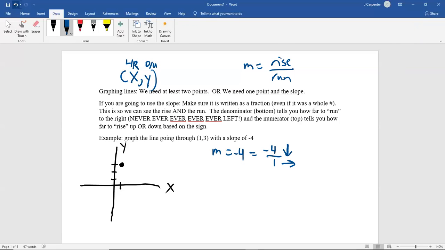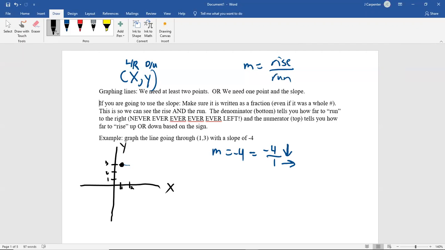So we got to go right 1, so from an x value of 1 to 2. So here would be 2, 1, 2, 3. I'm just going to put these kind of to the side, 1 and 2. I know I wrote this kind of small, but that's because I'm going to end up writing over it if I don't. So I go from the first point we plot, not from the origin, because we're using the slope. We don't go back to the origin. We stay at the point.